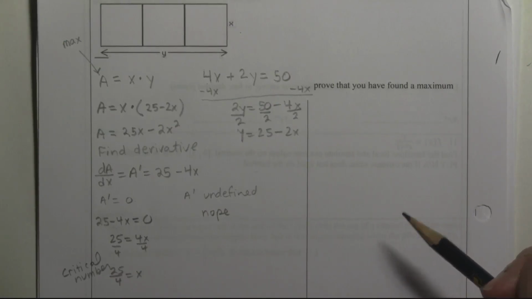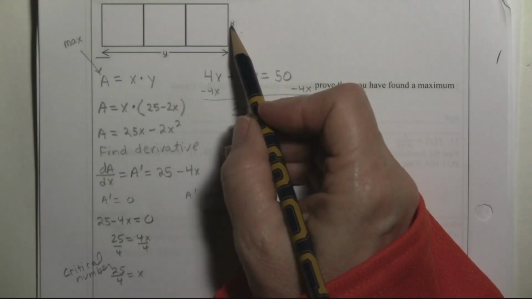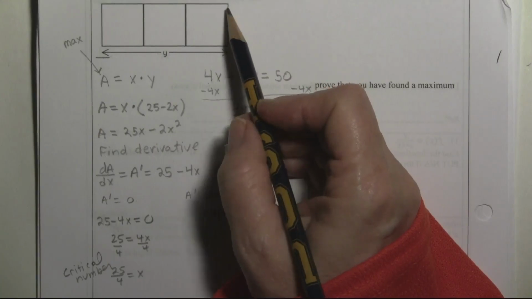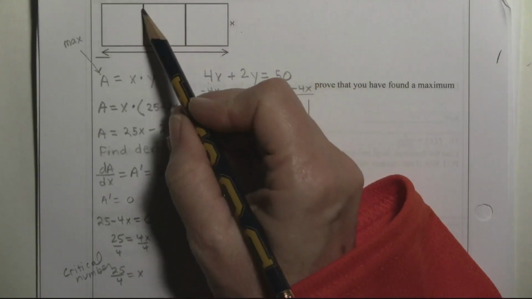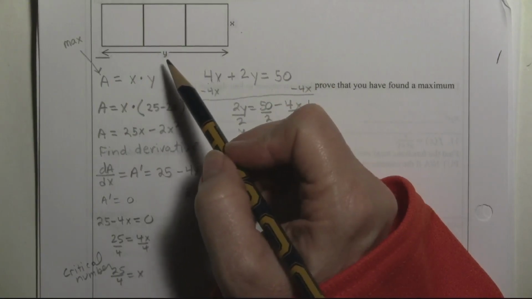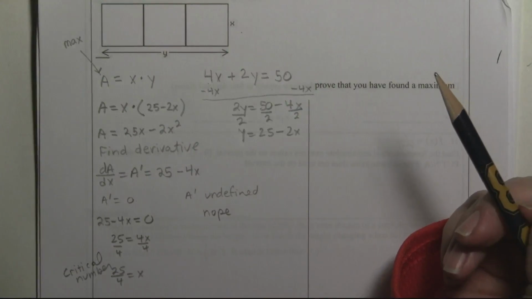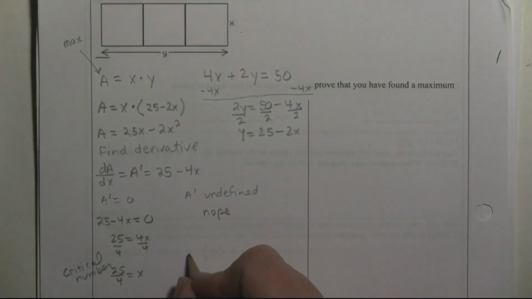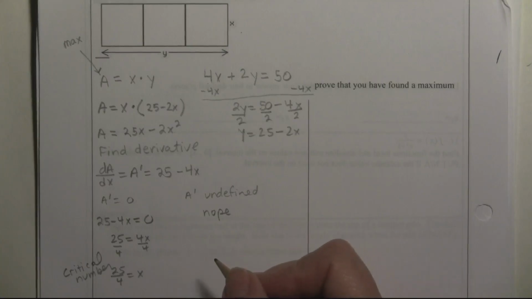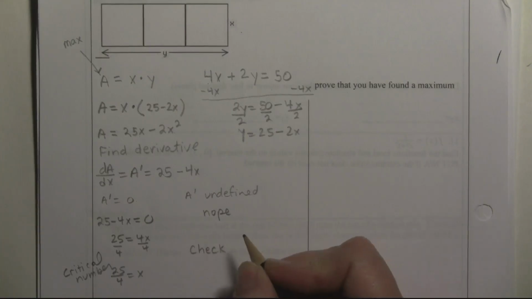If I allowed x to get as big as possible, then I would be using all of my fencing to make these, and y would become 0. And so I'd have the same thing, except I'd have 4 parallel fences. So the endpoints don't make sense on this one. The next thing I would do is check the critical numbers and the endpoints for the max, right?